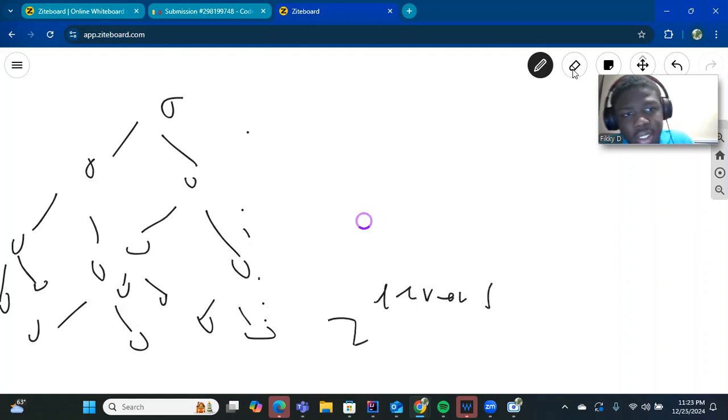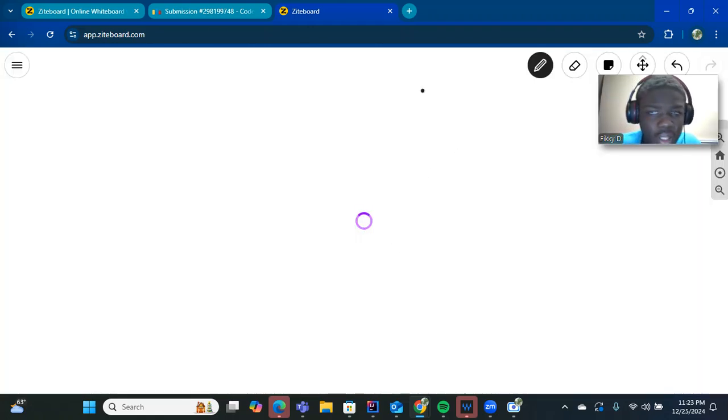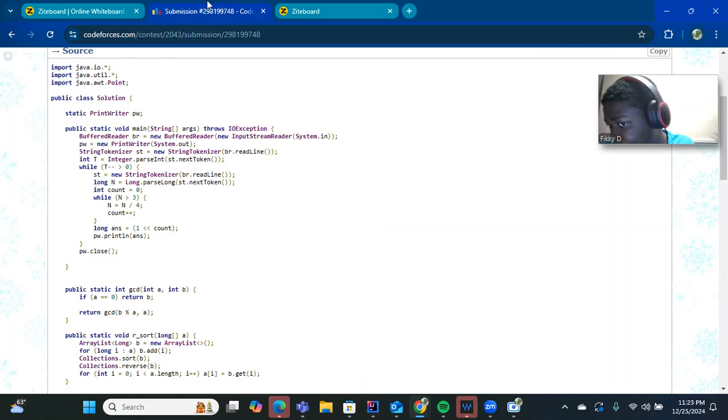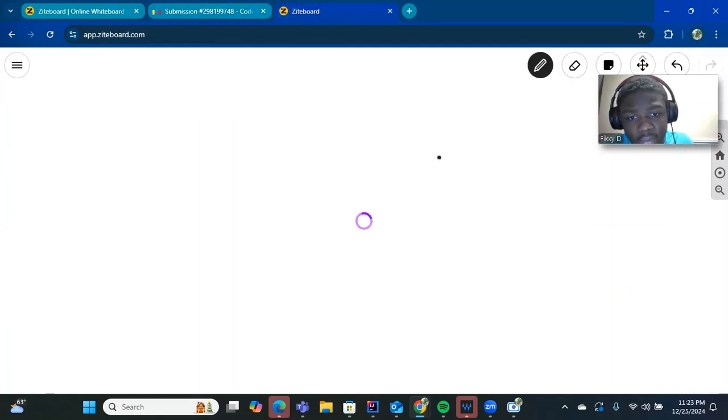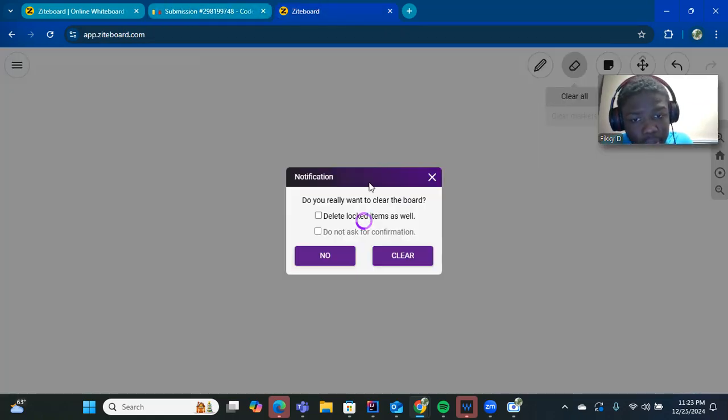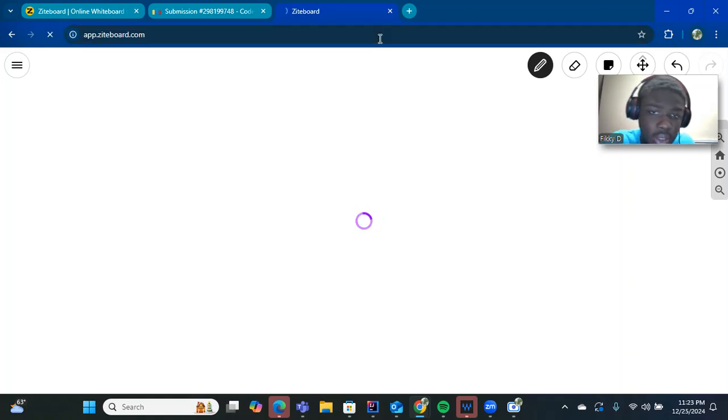I just think it's a pretty simple question. There's really not much going on here. Just looking at the code, you probably already have an idea of what the solution is. Not very interesting. I don't know why that board is just loading. It's a little annoying.